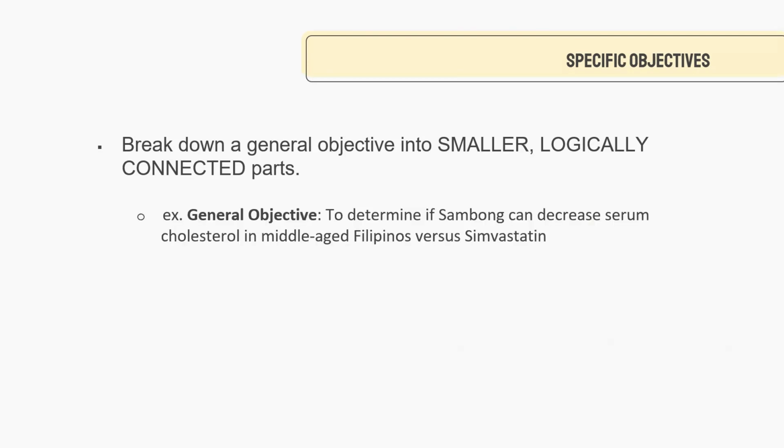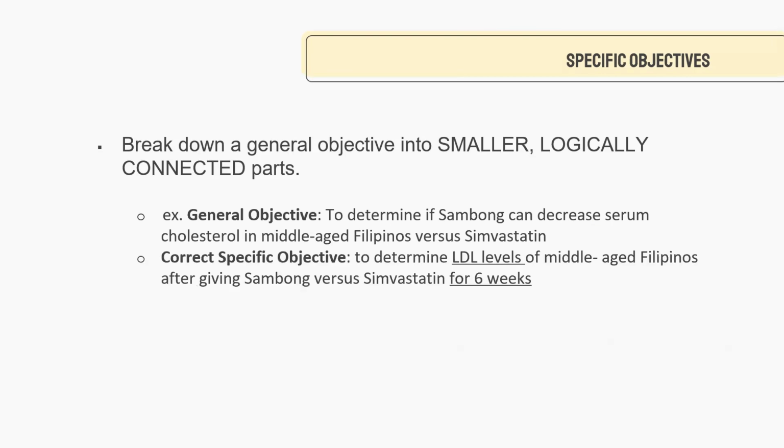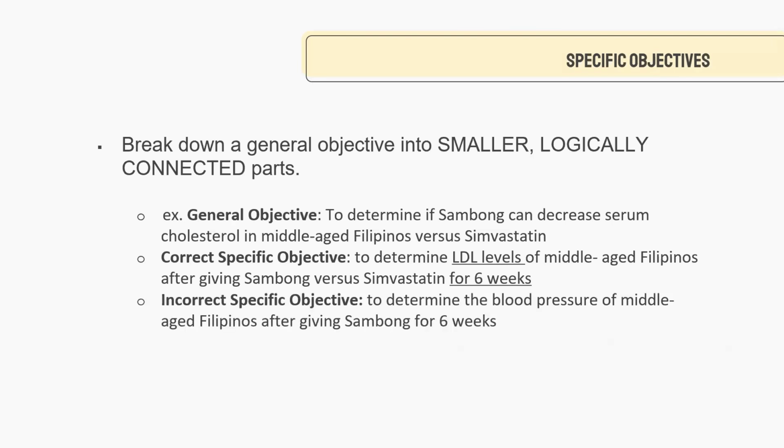For example, if your general objective is to determine if Sambong can decrease serum cholesterol in middle-aged Filipinos versus simvastatin, a correct specific objective could be to determine LDL levels. So you're specifying what cholesterol level, the LDL level of middle-aged Filipinos after giving Sambong versus simvastatin. You specified the time period for 6 weeks.